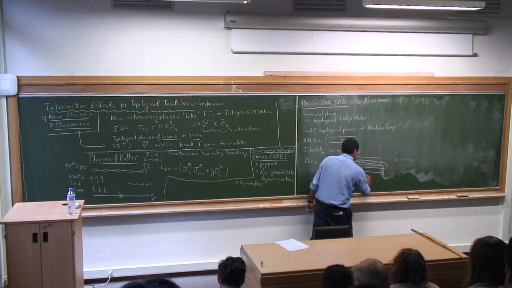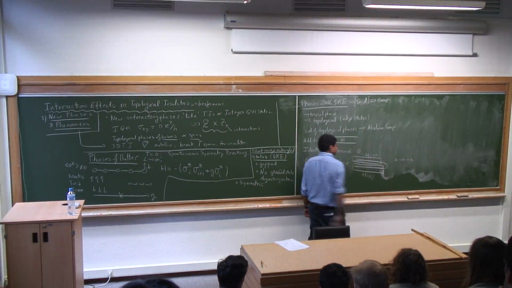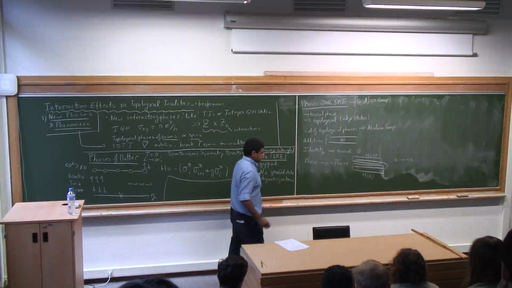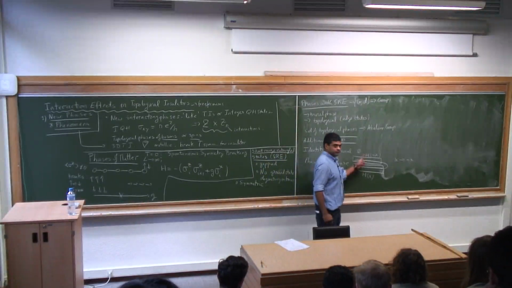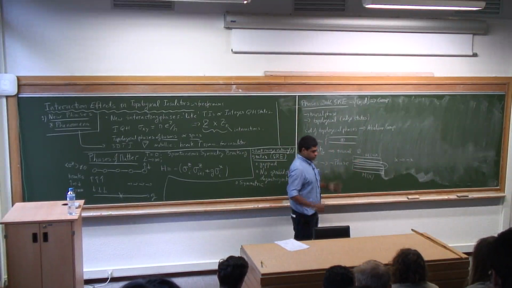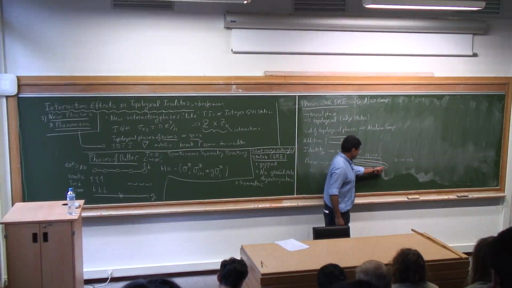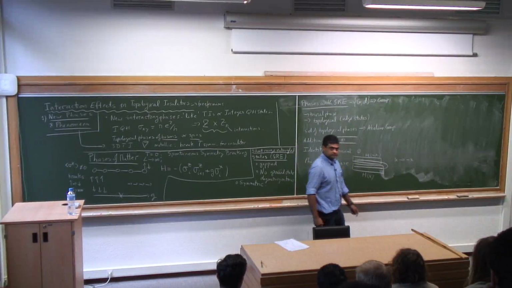Let's say this is h of x. This is h of minus x. If you did have inversion symmetry, these two Hamiltonians would be equal. So then you would require that this phase is the inverse of itself. Because when you put them together, you can of course continue this around like this, and this of course has no edge states.